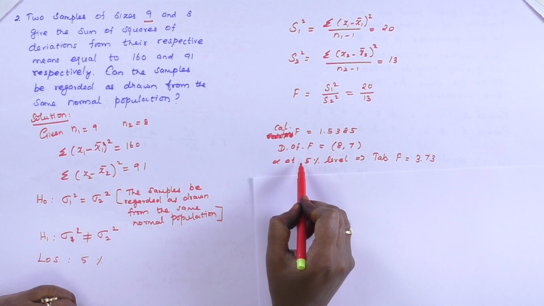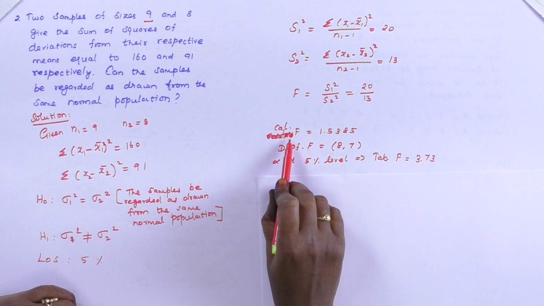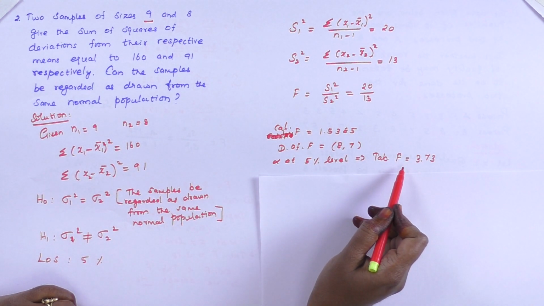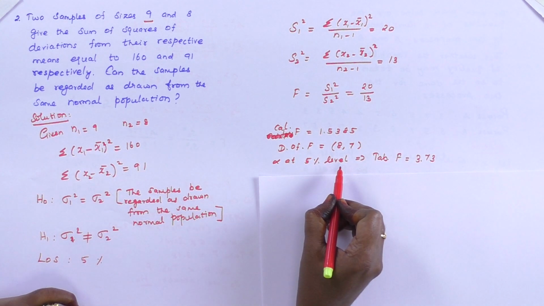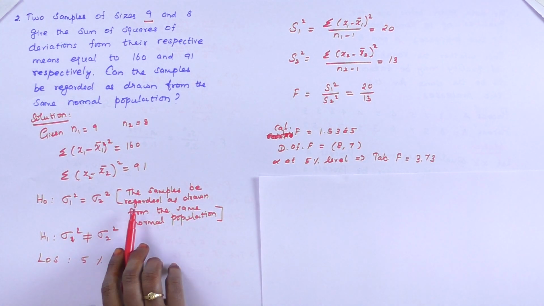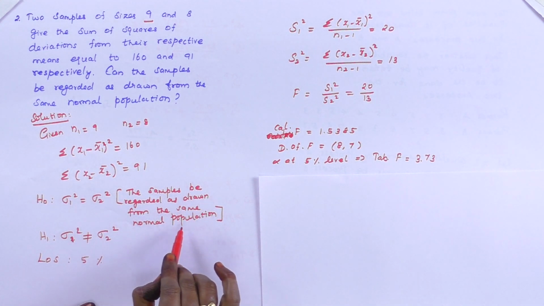Now we compare the calculated value of F with the tabulated value of F. Here the calculated value of F is less than the tabulated value of F. So we accept H0. Our H0 is that the samples may be regarded as drawn from the same normal population.